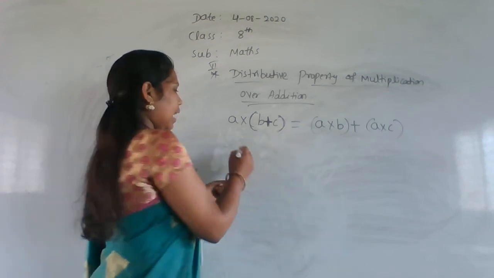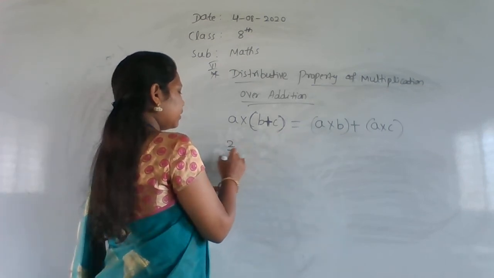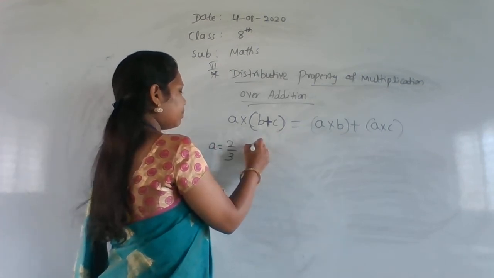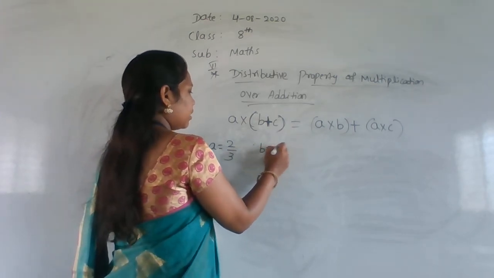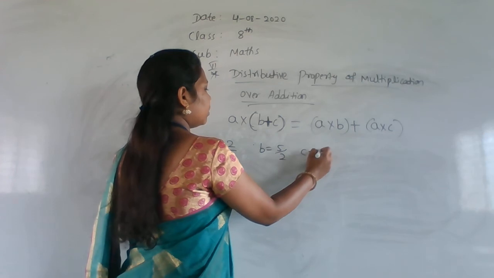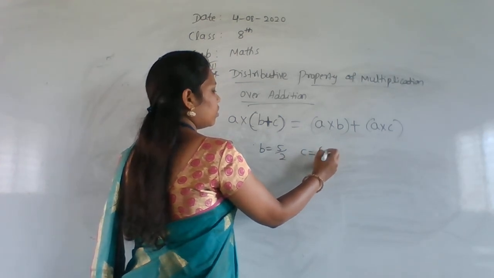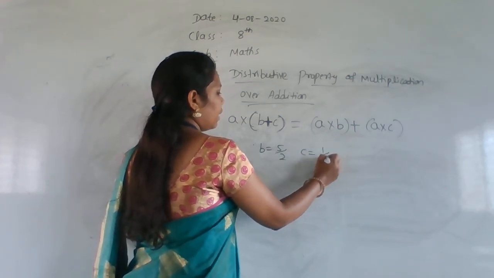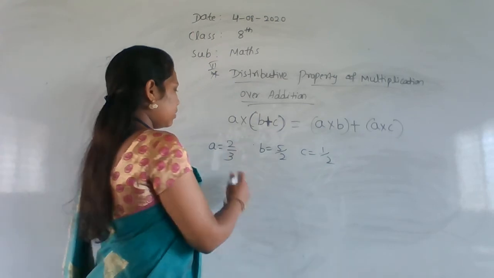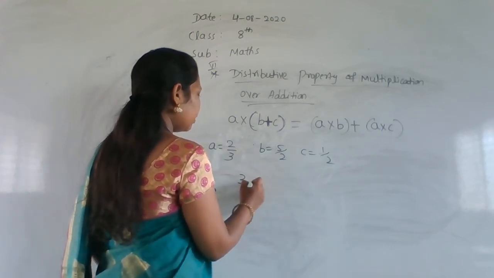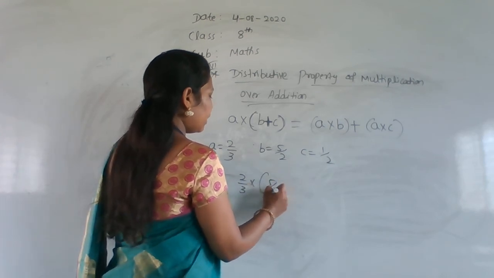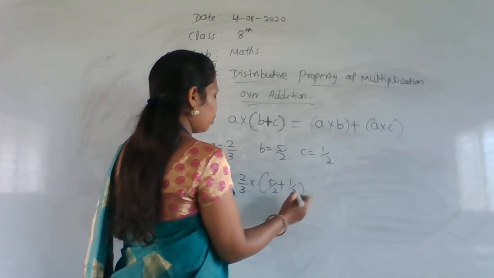Getting my point? I'll give an example. Let a equal 2 by 3, b equal 5 by 2, and c equal 1 by 2. So a into (b plus c) is 2 by 3 into (5 by 2 plus 1 by 2).